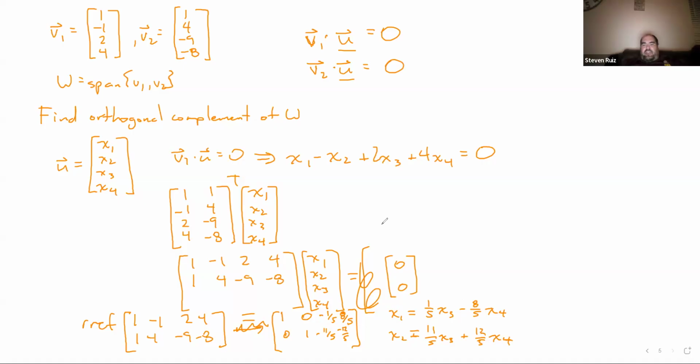So I have two parameters, x3 and x4. What I'm building is x1, x2, x3, x4, and I'm parameterizing it against x3 and x4.